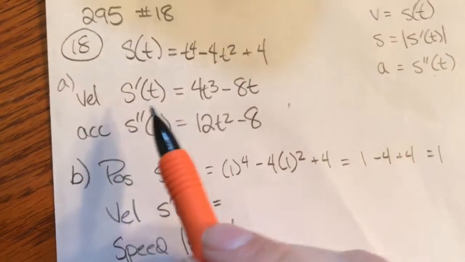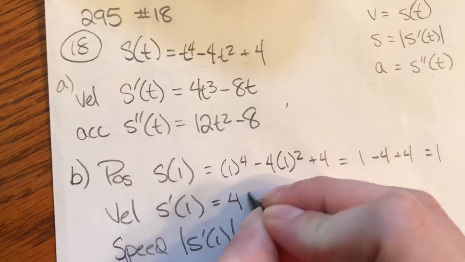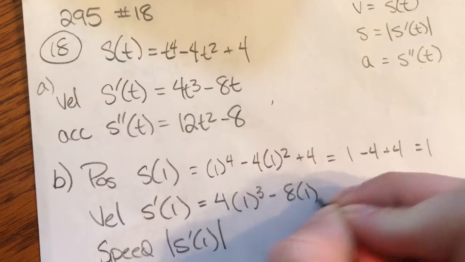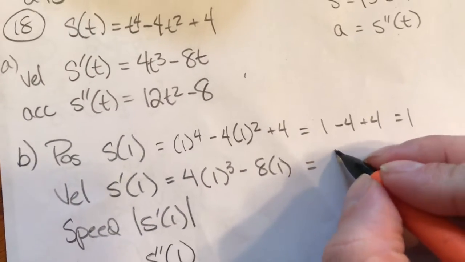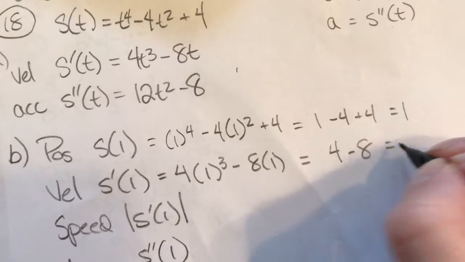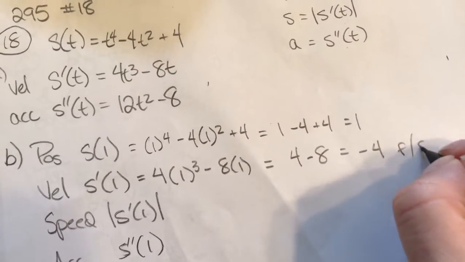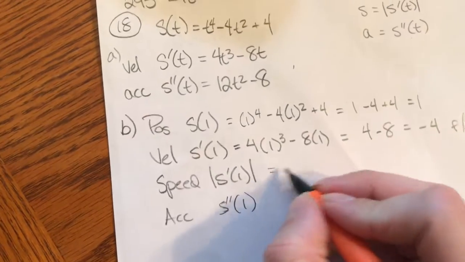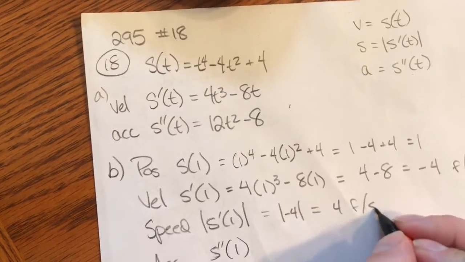The velocity is going to be the first derivative, throw in that 1, so it would be 4 times 1 cubed minus 8 times 1. That's going to end up being 4 times 1 minus 8. My velocity is negative 4 feet per second, which means I'm going backwards 4 feet. That would mean that my speed is the absolute value of negative 4, which is 4 feet per second.